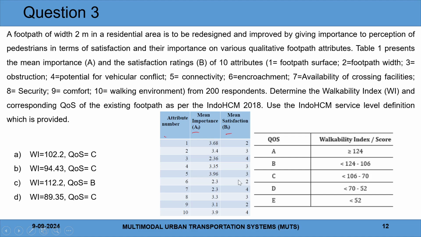Now determine the walkability index and corresponding quality of service of the existing footpath as per Indo-HCM 2018. So use this table.